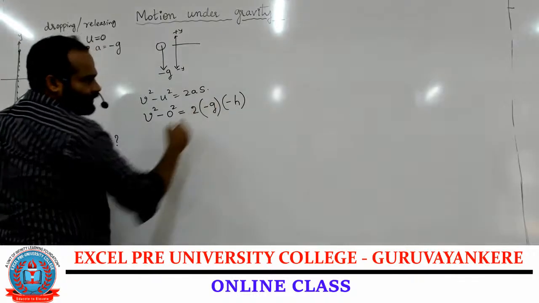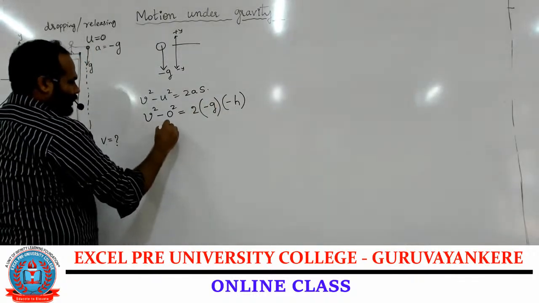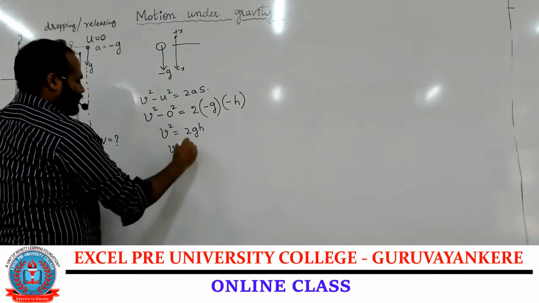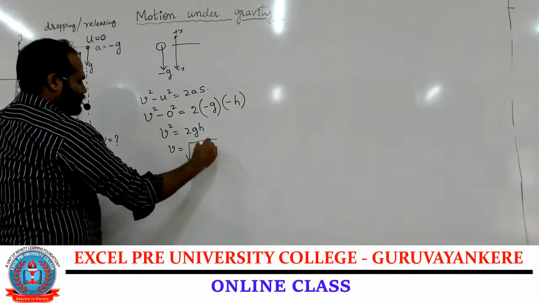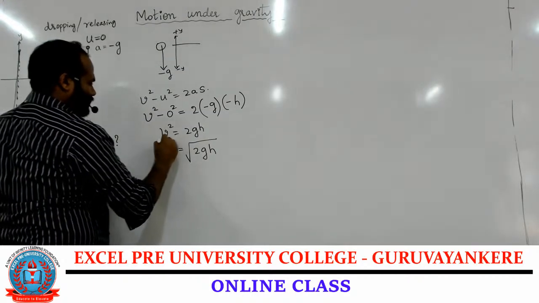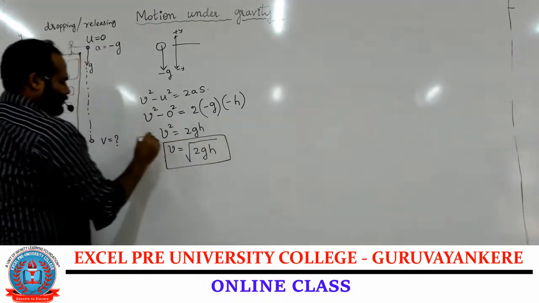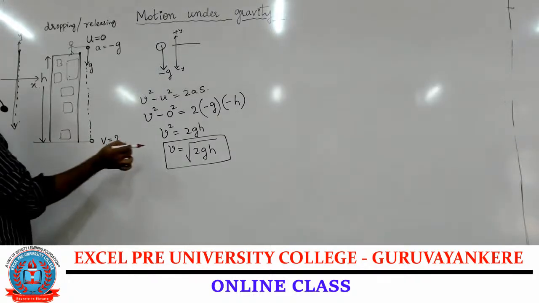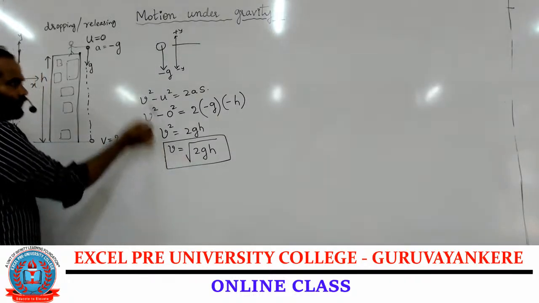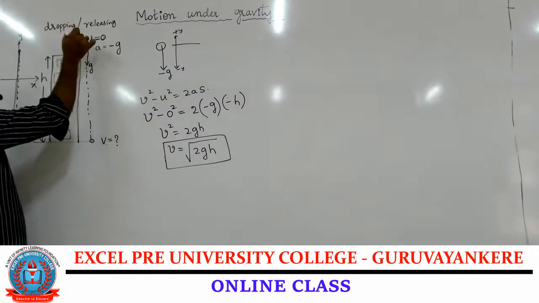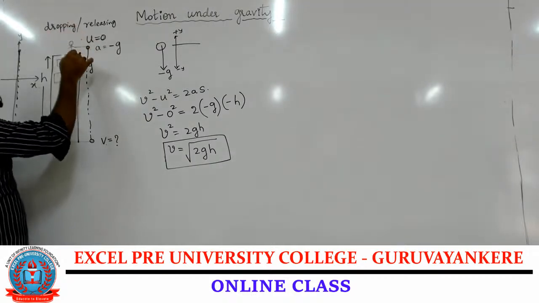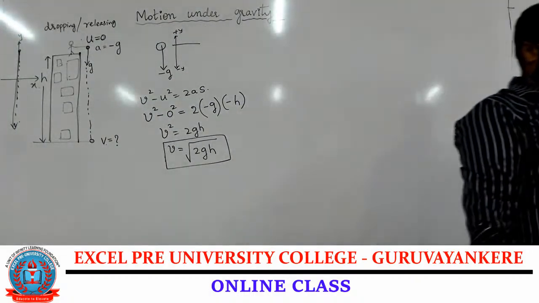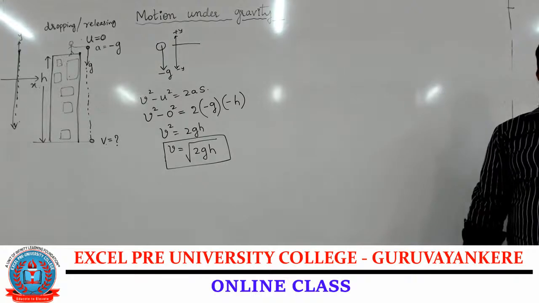So v square equal to 2gh, or v is equal to root 2gh. That is the velocity with which it will hit the ground when dropped or released from the top of a tower.